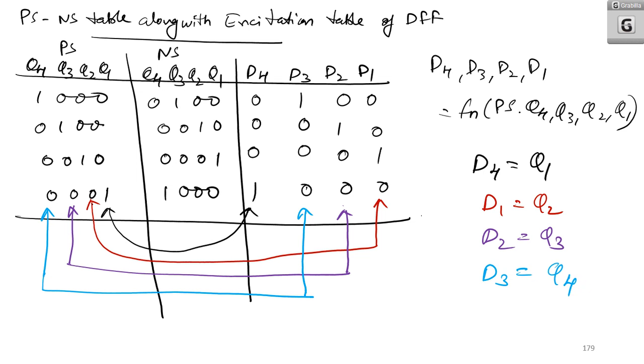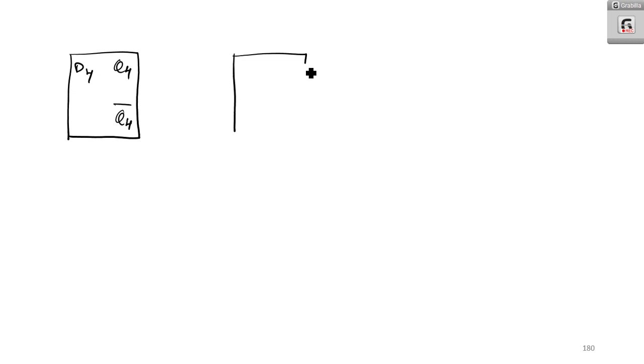Now if you are writing the expressions for D4, D1, D2, D3, and drawing the logic circuit, initially what should be drawn? You should draw D4. So you are having D4, Q4 bar. Then D3, Q3 bar.